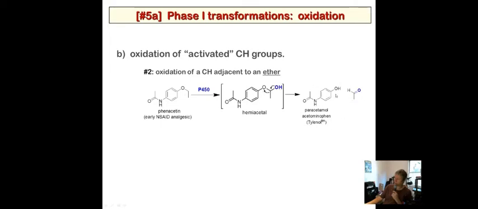So this could actually be considered a prodrug because it's cleaving to generate an active metabolite, which is paracetamol or acetaminophen or Tylenol. Now, is this a useful prodrug strategy? I don't think it's actually used really, because Tylenol itself is also orally available, and it's a nice, easy to take drug.